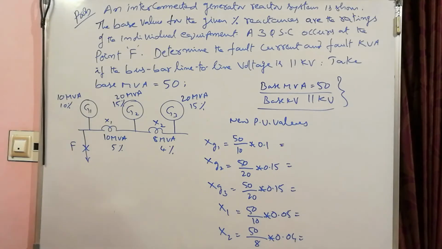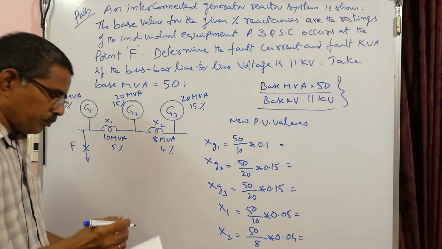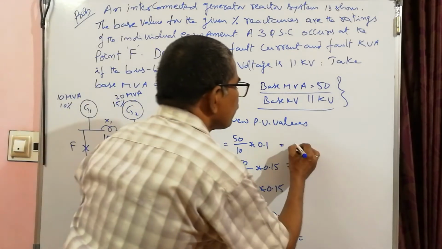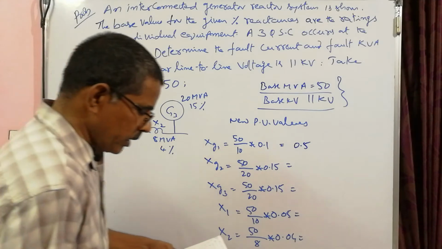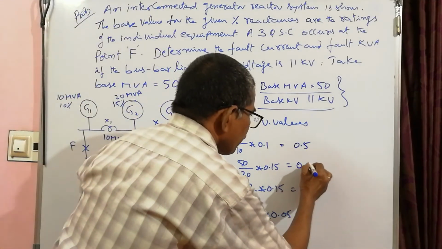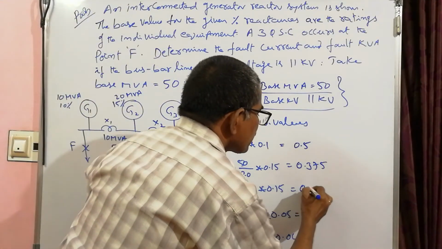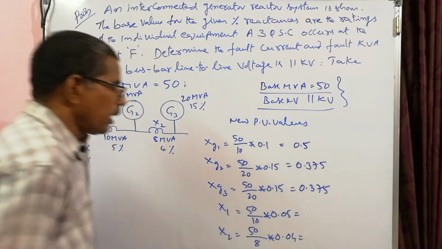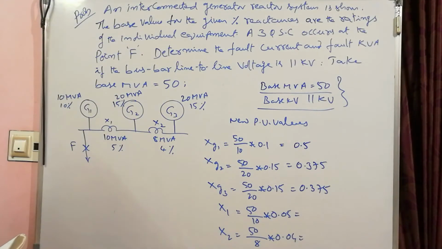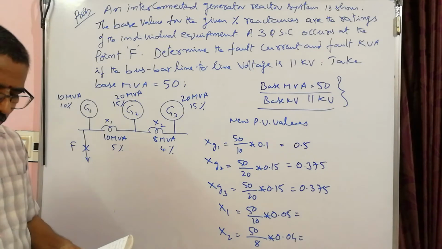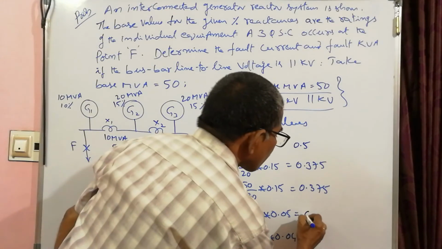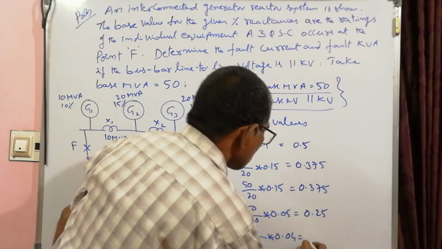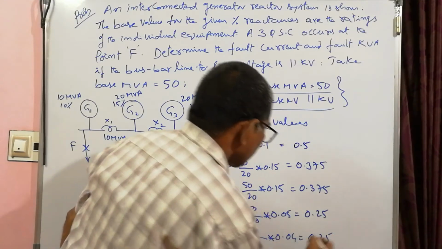Xg1 is 0.5, Xg2 is 0.375, which is the same as Xg3, and then X1 is 0.25, and this X2 is also 0.25.